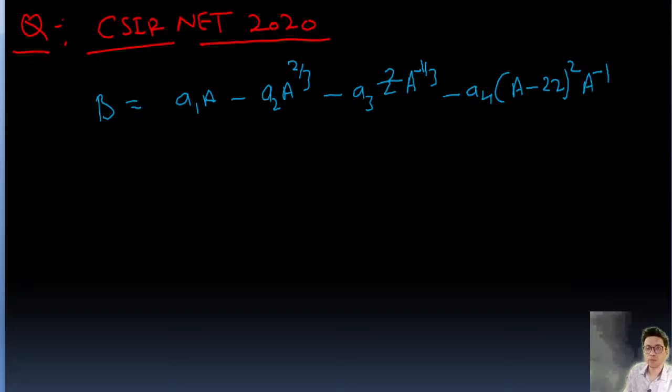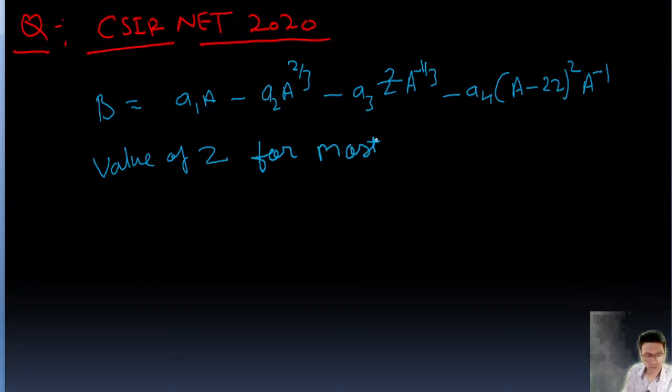So before that, you need to note down one thing. We need to find out the value of Z for most stable isobar. Okay, so this is the question.